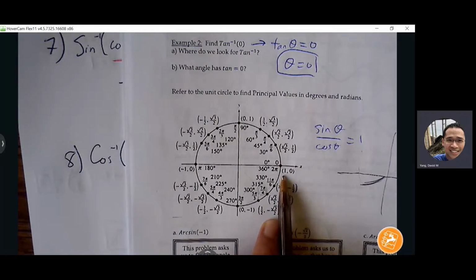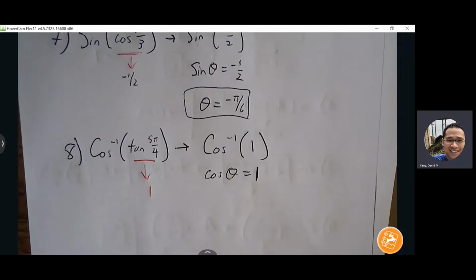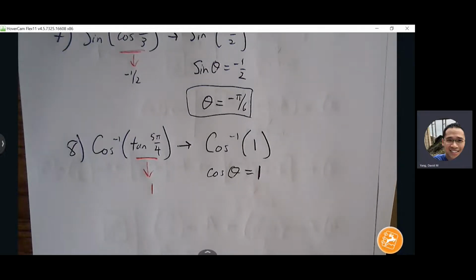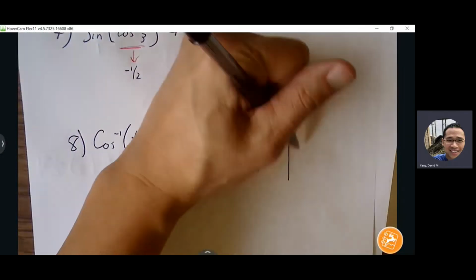Yeah, 0. Okay, so cosine of theta equals 1, theta must be equal to 0.